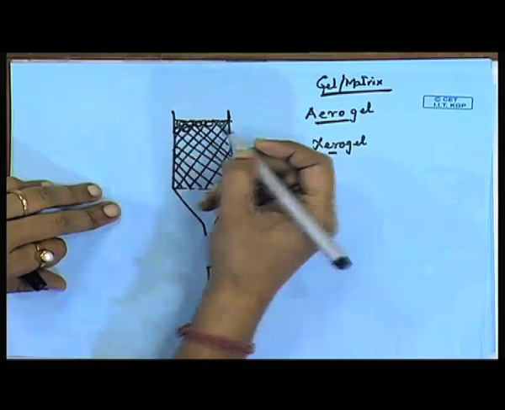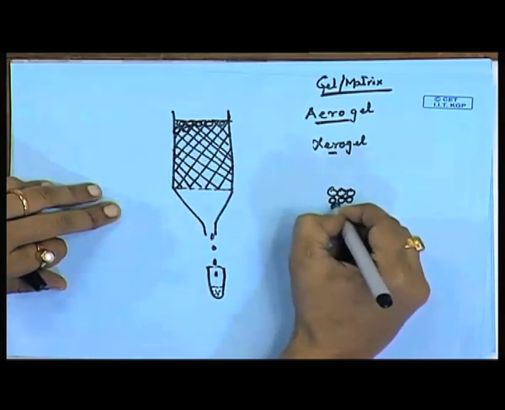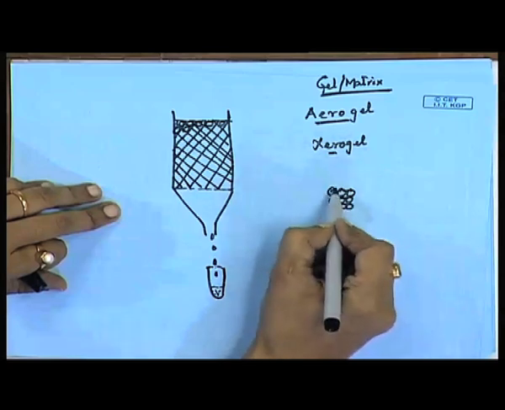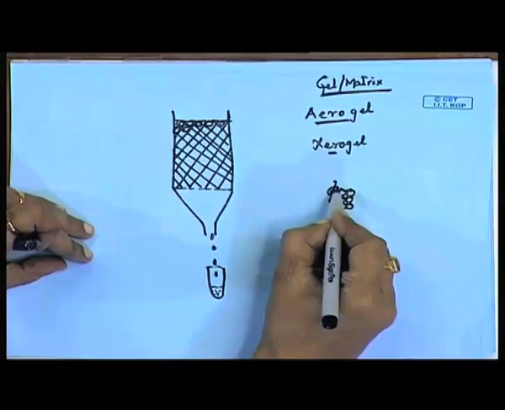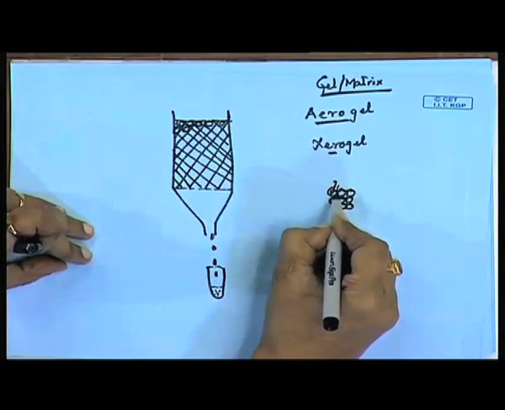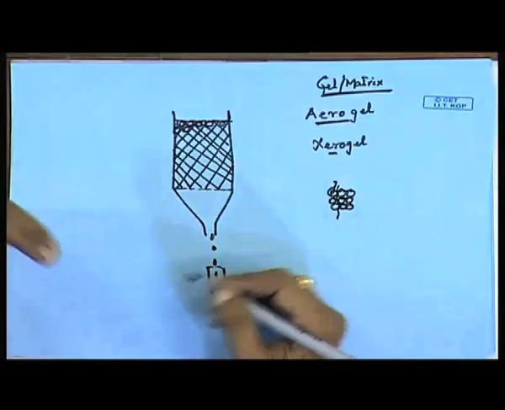The small molecules can enter inside the beads, but bigger molecules cannot. So they just pass through the interspatial space between the beads and come out. What is the result? The biggest molecule comes first and the smallest molecule comes last.